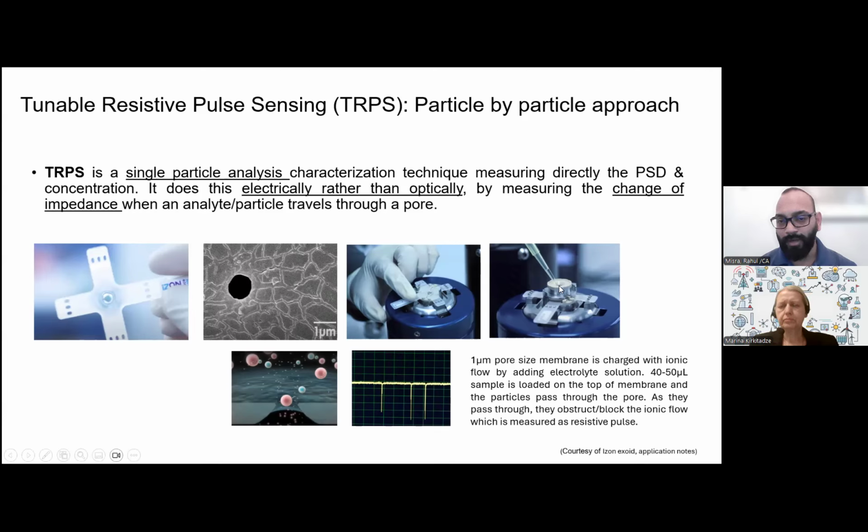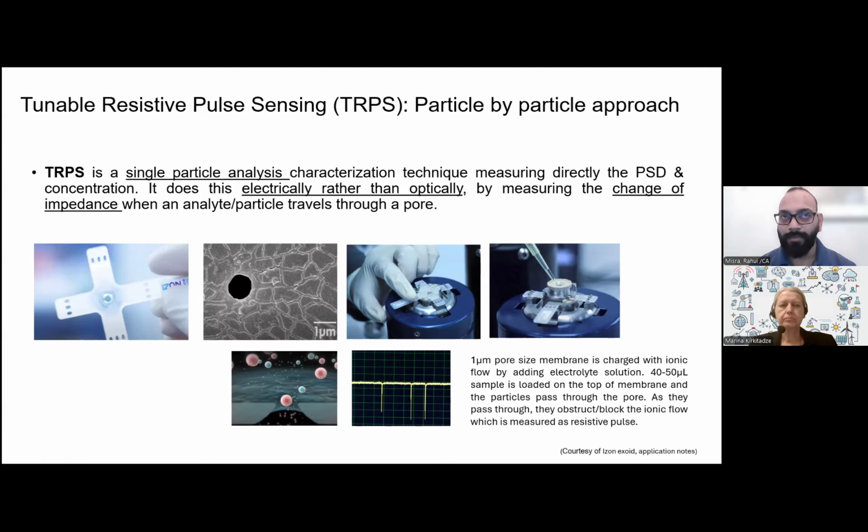On the top, you load your sample, and you apply electrical voltage around this nanopore. As the particles flow through the pore, there is already an established current through the electrodes, and as they pass through, they obstruct it, causing a resistance to this baseline current.